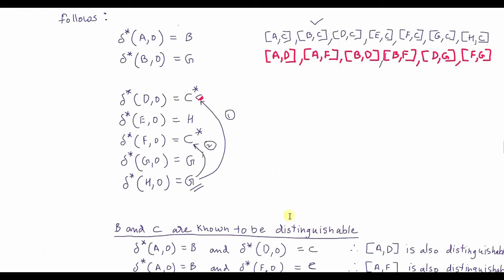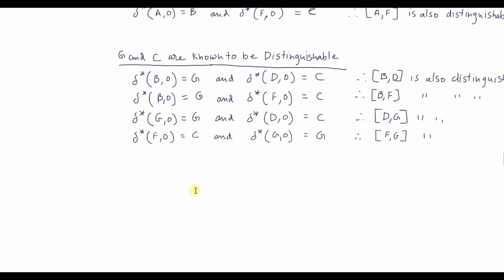So when you consider this G and this C, you can easily see that since C and G are distinguishable, I can say D and H is also distinguishable. So I will write the same thing here.